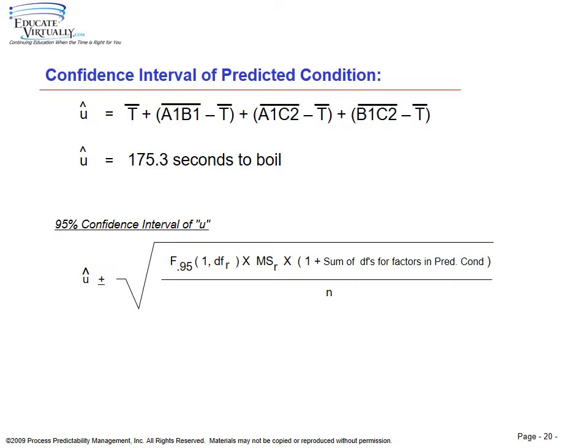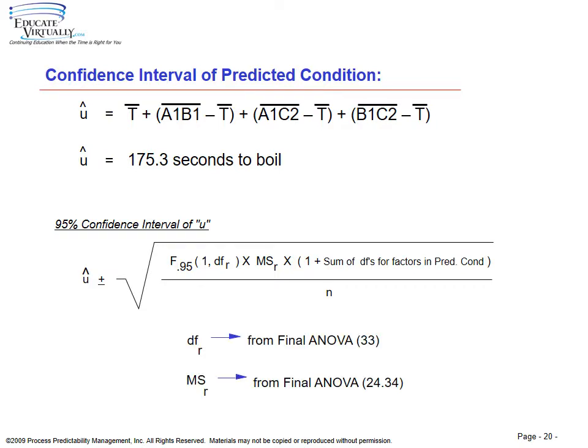So to calculate that, we take the square root of the F statistic with a 95% confidence interval, or a p-value of 0.05, for 1 degree of freedom for the factors and the degrees of freedom for the residuals. We're going to multiply that by the mean square for the residual, and then we're going to multiply that by 1 plus the sum of the degrees of freedom for all the factors that are involved in the prediction equation. We're going to divide that by the total number of data points.